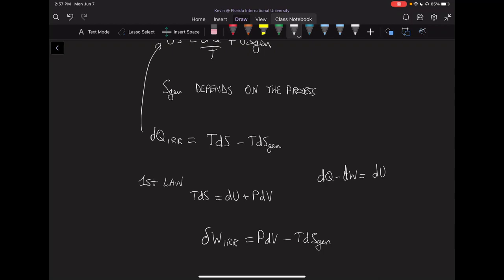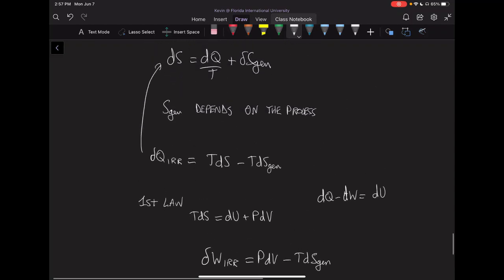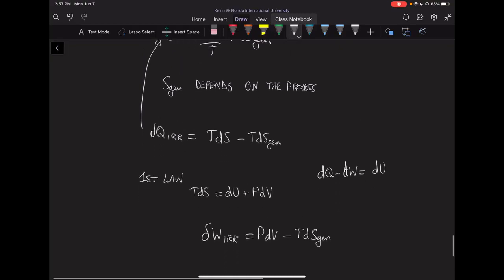So what we're trying to say is that our dW in this equation here is actually less than pdV in an irreversible process. Okay, and that's really important.